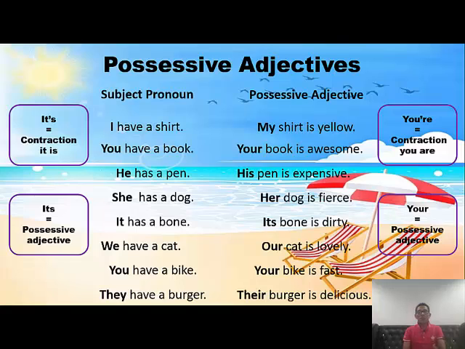Okay, so this is something that you have to really understand when you write your essay, and then you can always use the correct possessive adjectives, all the time, and do not get confused with possessive pronouns or other pronouns. This is something you have to really put in your mind and practice again and again.